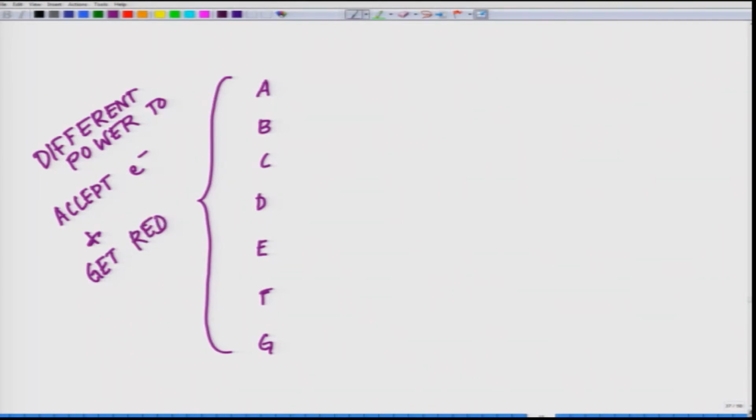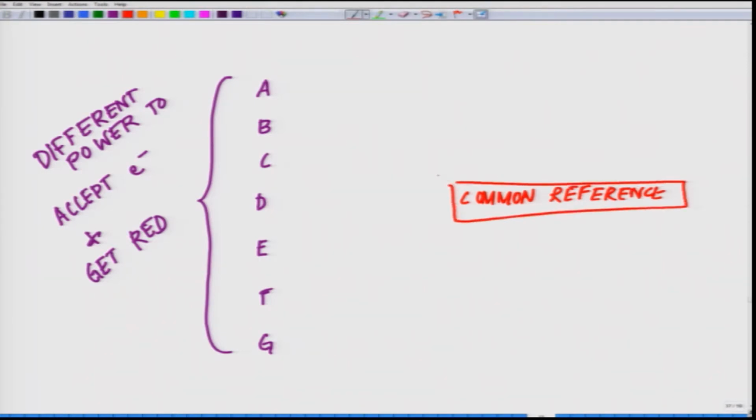Now, in order to do that, I needed a common reference. With respect to the common reference, I measured it. So, I see this one has a value, this one has a value, this one has a value. You can give a number to them with respect to it.